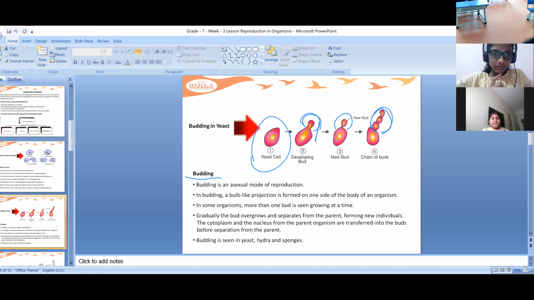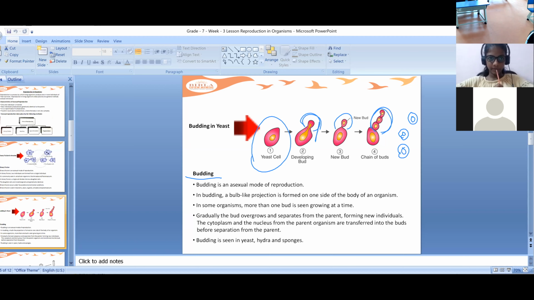It grows. After growing to a particular size, it separates from the parent, forming new individuals. Now they all separate from the parent, and they try to form new buds.